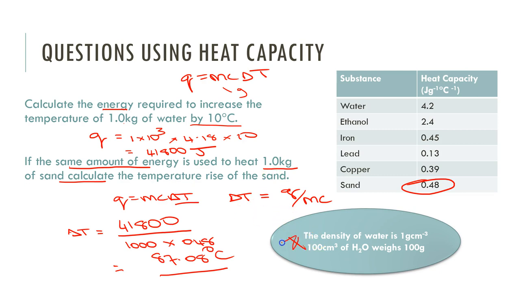This point here, the density of water is equal to 1 gram per centimeter cubed, okay, is important because this is how we go from knowing a volume of water to a mass of water. Okay, so if the question had said 1 decimeter cubed, then that would be the same as 1 kilogram.